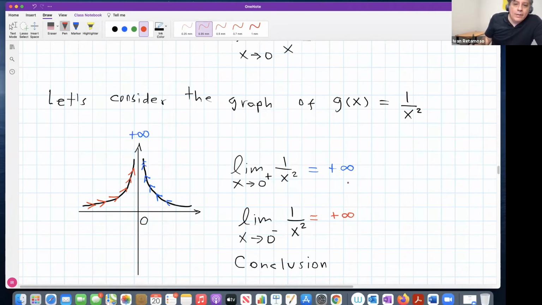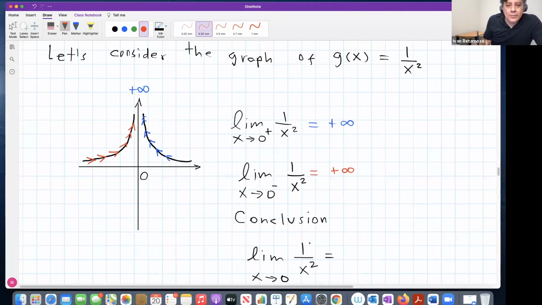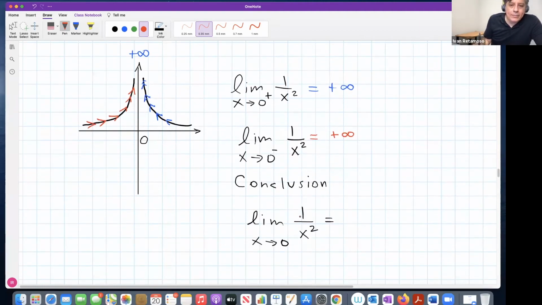Now there is convergence. From the right, I am approaching positive infinity. From the left, I'm approaching positive infinity. Since these two are the same, mathematicians conclude that the limit of 1 over x squared as x approaches 0, simultaneously from the left and the right, is positive infinity. So be aware of that, guys.